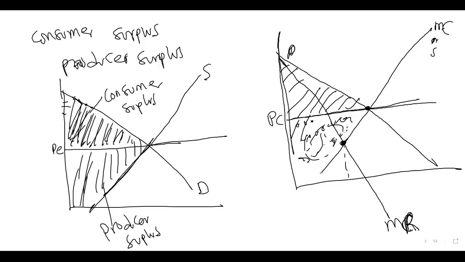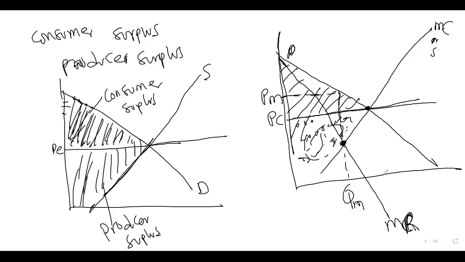That's the equilibrium quantity, QM. Now, if you trace the quantity to the demand curve, we get the equilibrium price, PM, for a monopolist.